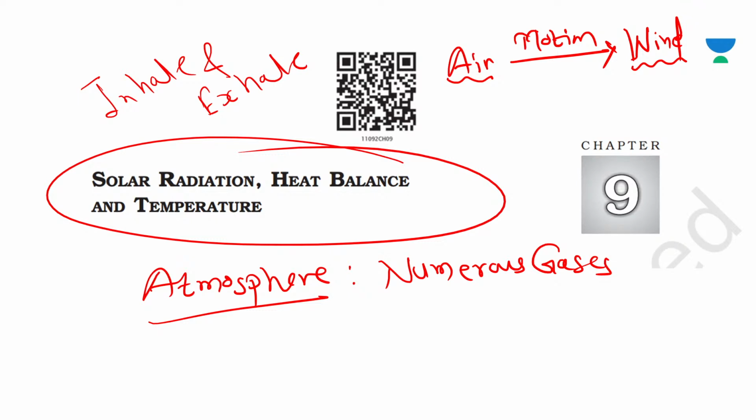As a result, the Earth neither warms up nor does it get cooled over a period of time, and thus the amount of heat received by different parts of the Earth is not the same. So friends, this variation causes pressure differences in the atmosphere, and this leads to transfer of heat from one region to the other by winds.